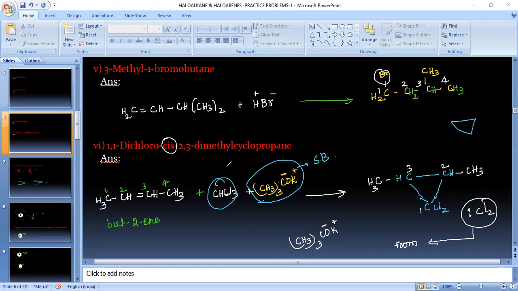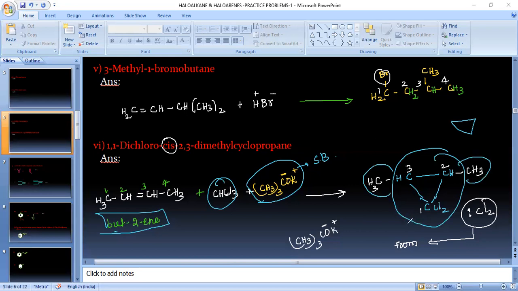So whenever this dichlorocarbene reacts with that butene అంటే alkene compound, అప్పుడు మనకి ఇక్కడ cyclopropane type of that compound is obtained, like that 1,1-dichloro-cis-2,3-dimethylcyclopropane. The compound is obtained. Clear? Clear? That's it. Okay. Good. Chalo. Next move to the next question.